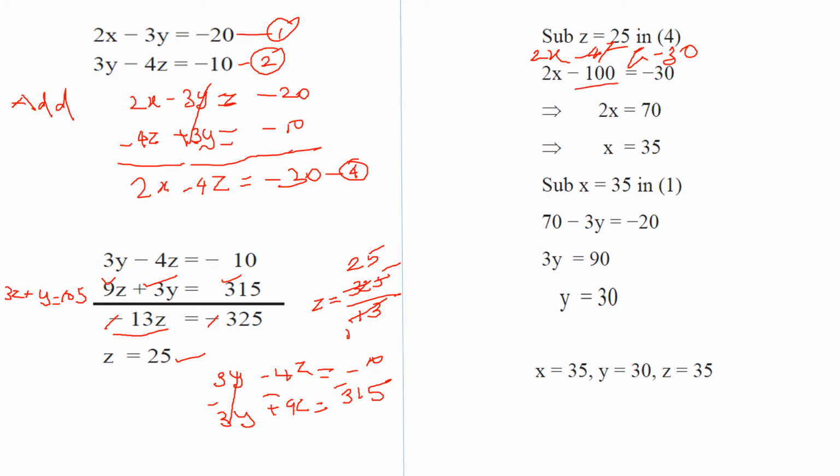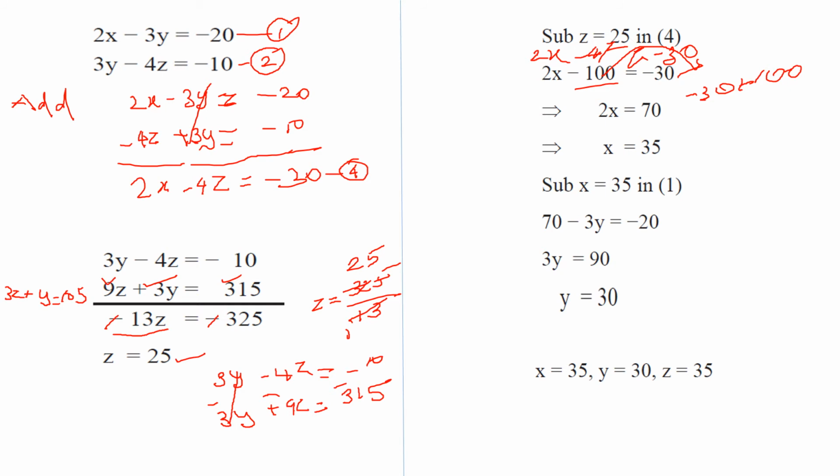Minus 100 will go to the right hand side, it will become plus 100. Minus 30 plus 100. That means one plus, one minus, subtract the numbers: 100 minus 30, 70. Put the greater number sign, plus. So 2x equal to 70. So x equal to 35.